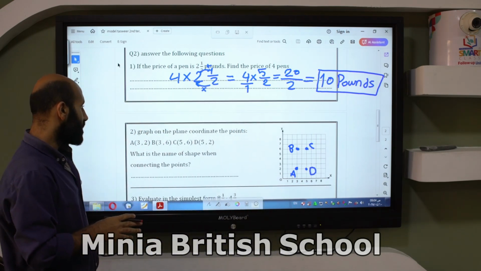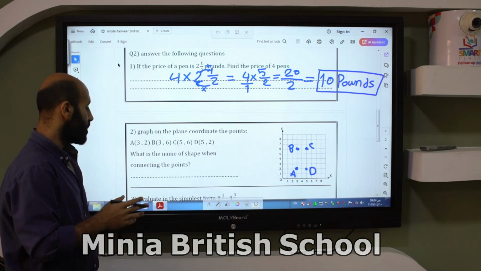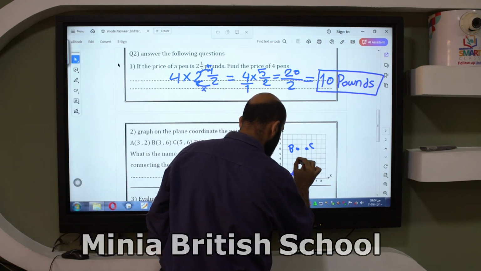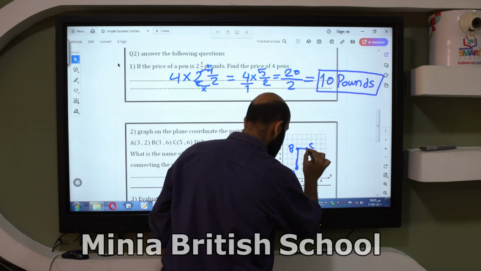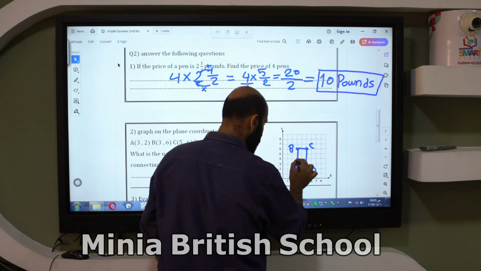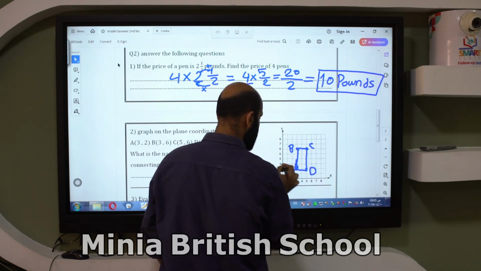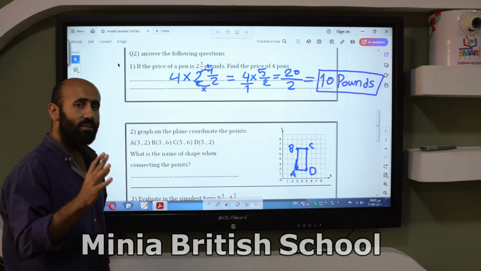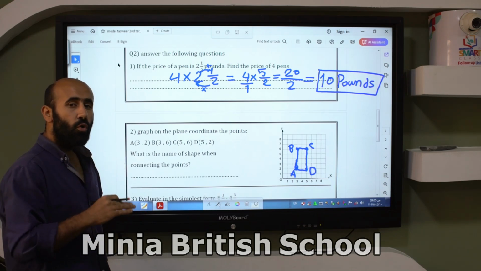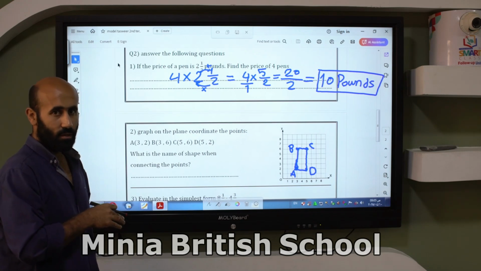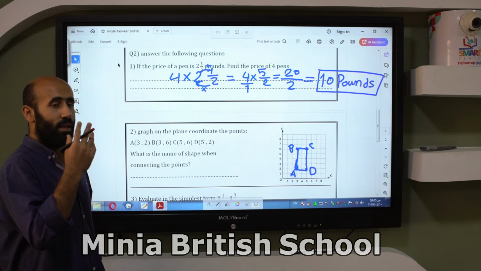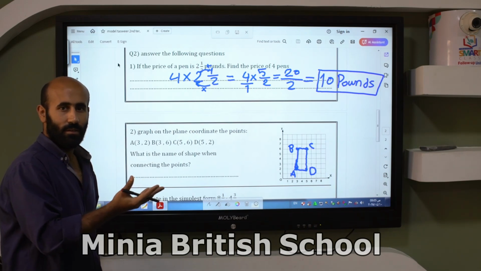And then connect them. What is the shape connecting the points? Let's connect them in order: A to B, B to C, C to D, D to A. In this question specifically, I want you to plot and draw using the pencil and the ruler, because if you make a mistake, you can erase it easily.